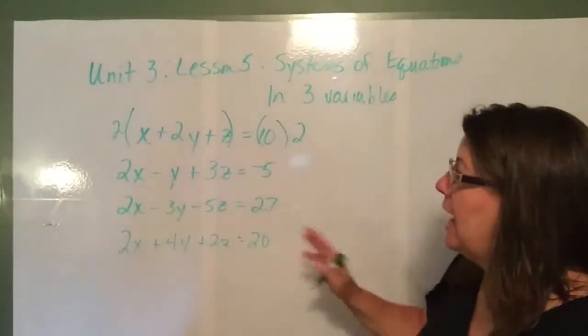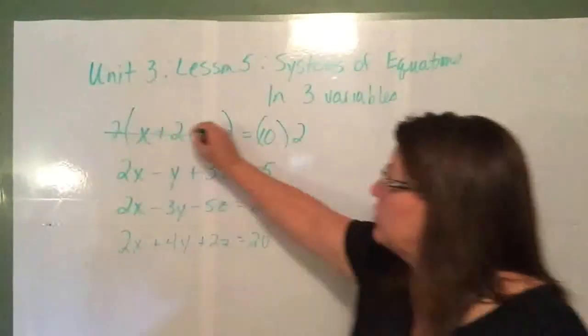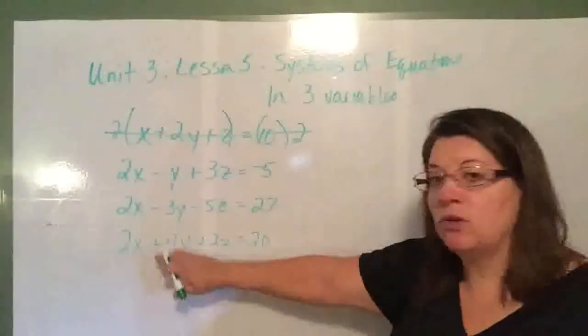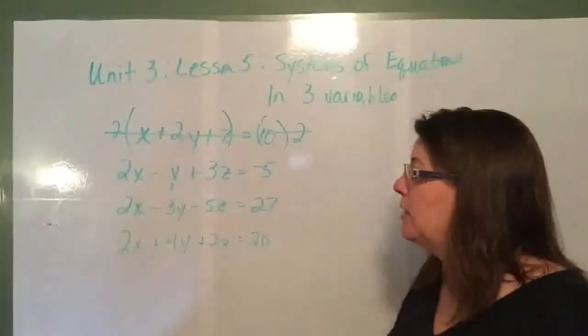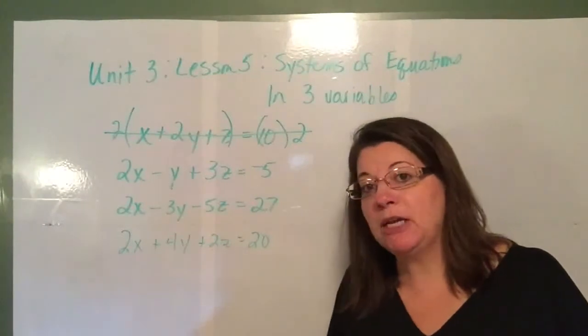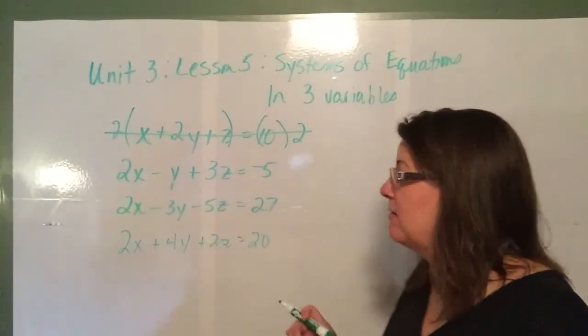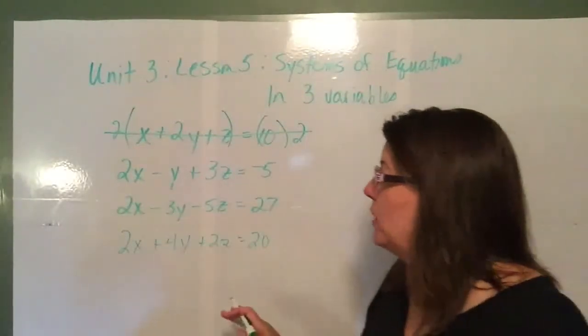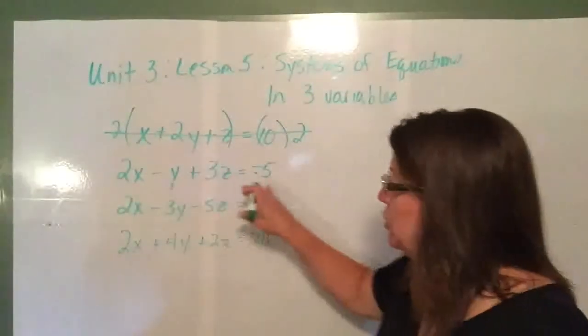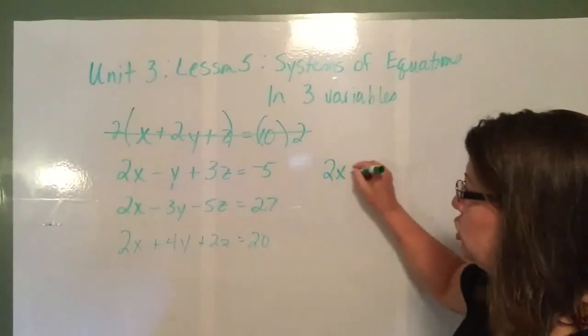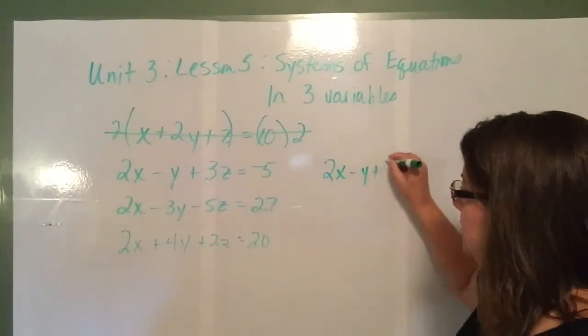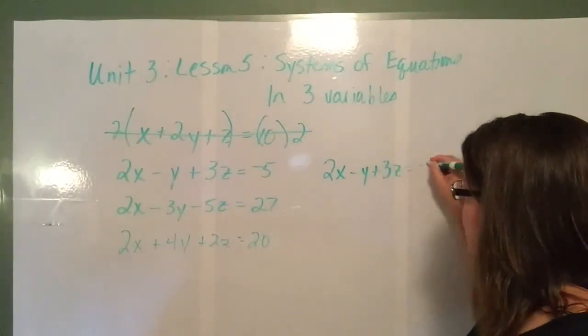Okay, so now I'm not even going to worry about this equation anymore. I'm going to now use these equations. What I'm going to do is pick 2 equations at a time, and eliminate the x value. So I'm going to take the top 2, and I'm just going to rewrite them. 2x minus y plus 3z equals -5.